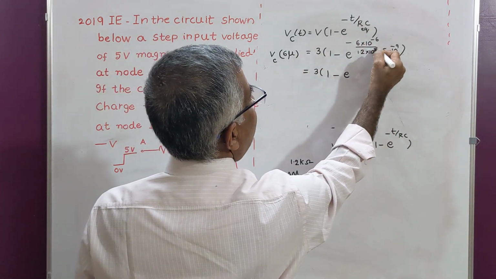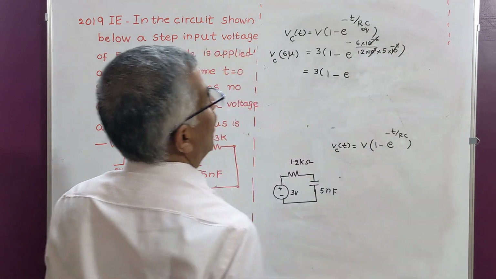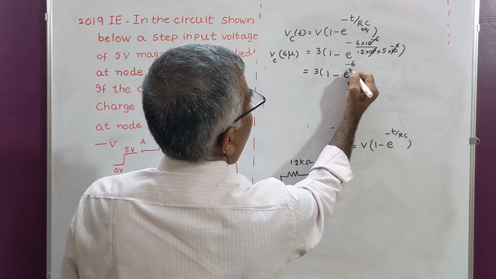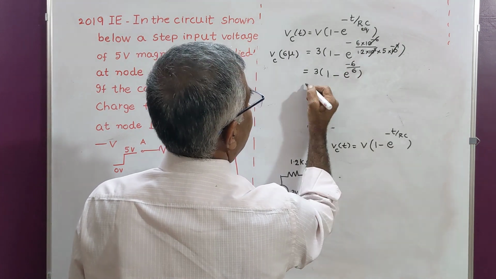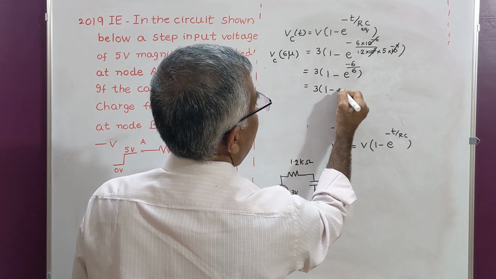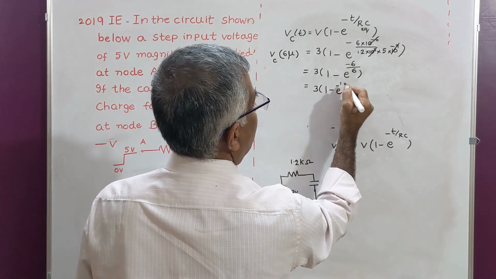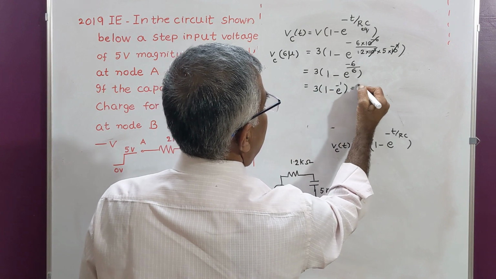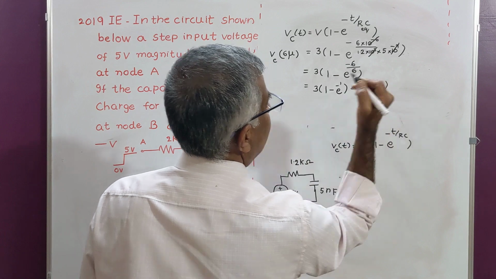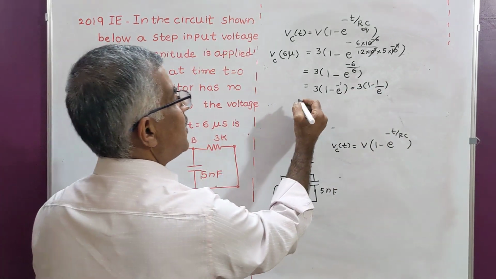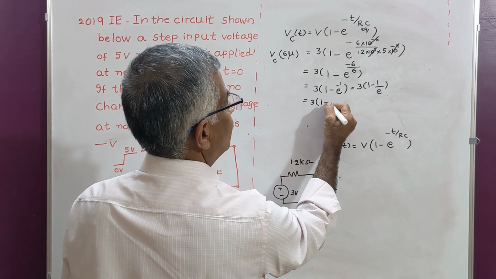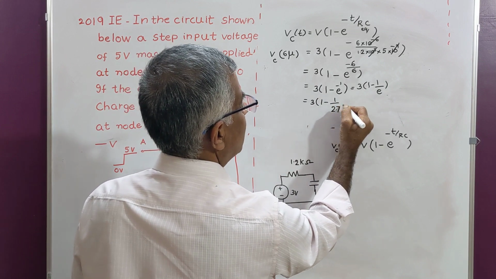The powers of ten cancel. Next, minus 6 by 1.2 into 5, again 6, so that is 3 into 1 minus e power minus 1, that is 3 into 1 minus 1 by e. Calculate. Roughly e is equal to 2.7.